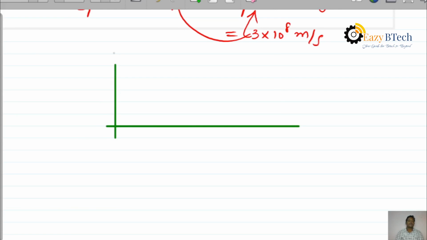Now, how will we analyze the traveling wave? I am taking voltage in kV on the y-axis, and time in microseconds on the x-axis.